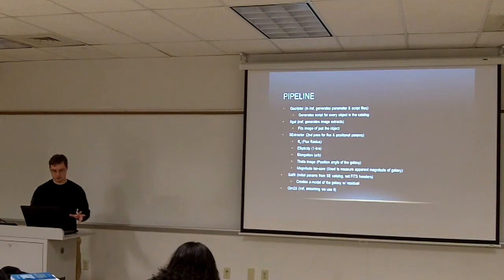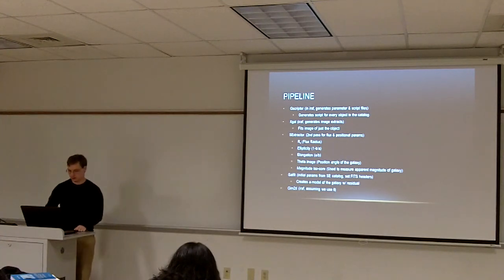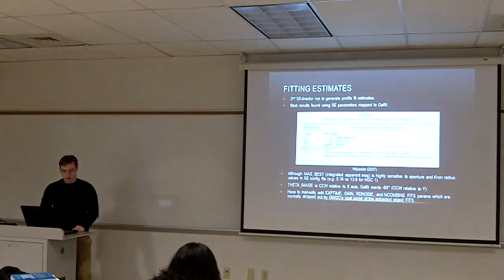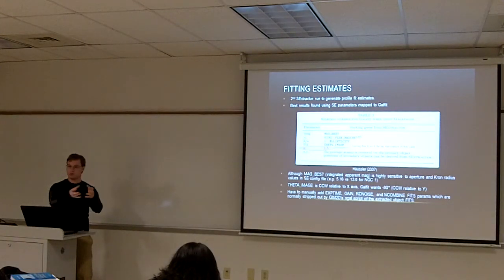And GYM2D I used. GYM2D has a package in IRAF, and that has some packages that include GScripter, XGAL. So the second extractor run, this is just more information. This is to gain the information needed to put into GALFIT, where the first extractor run was just to get the thumbnail.